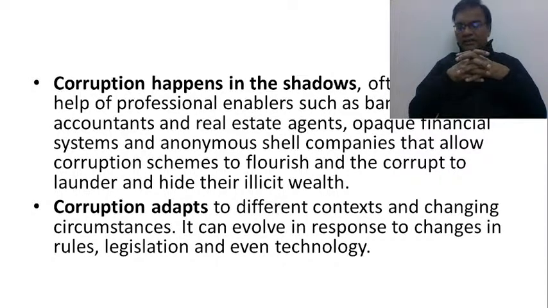Next, as you can see here on the screen again, corruption happens in the shadows, often with the help of professional enablers such as bankers, lawyers, accountants, real estate agents, opaque financial systems, and anonymous shell companies that allow corruption schemes to flourish and the corrupt to launder and hide their illicit wealth.